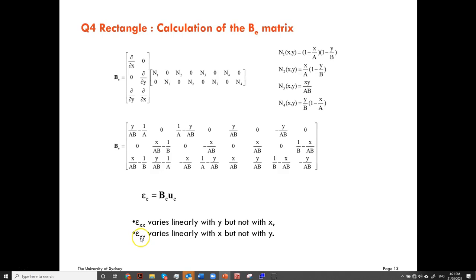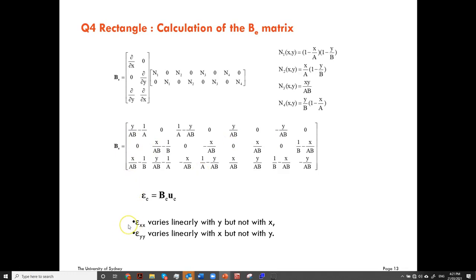And the axial strain in y is going to change with x, but not with y. So the axial strain in x is going to be this multiplied by the nodal displacement, so it depends only on y. And epsilon yy will appear here multiplied by u e, and it's going to depend only on x.